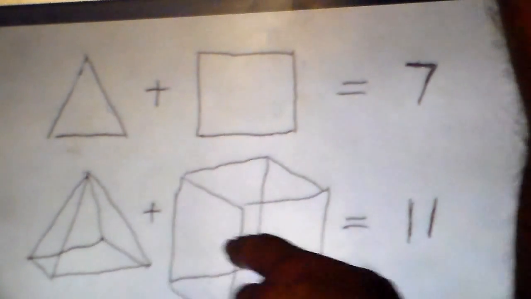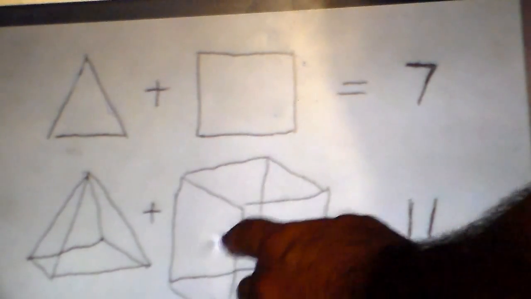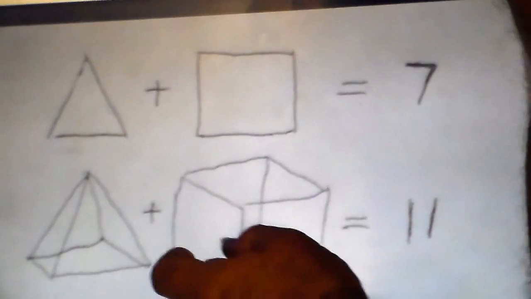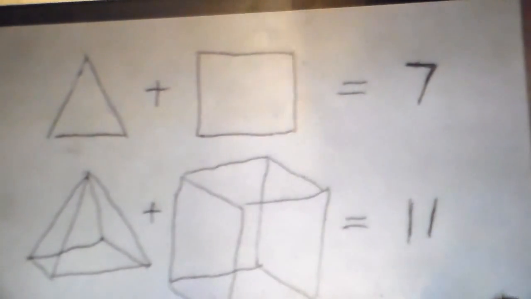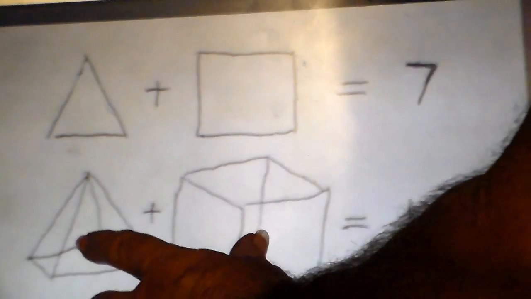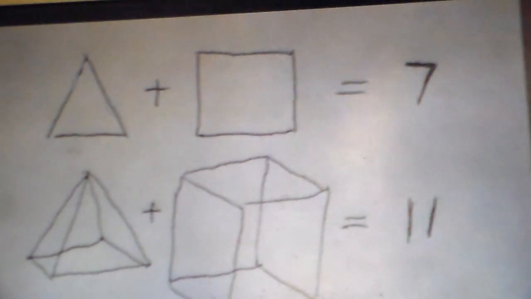So this, you add this up to the New Jerusalem, which is 6 sides, adds up to 11. These are 2-dimensional geometry. This is 3-dimensional geometry. This represents earthly geometry, spiritual perfection from an earthly viewpoint of the saved of the earth.